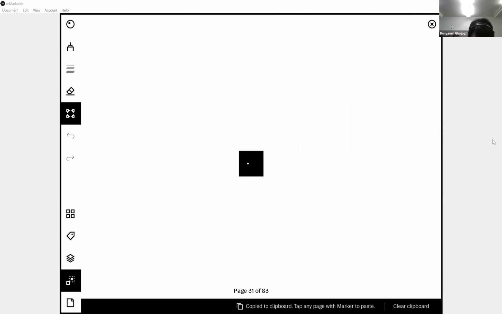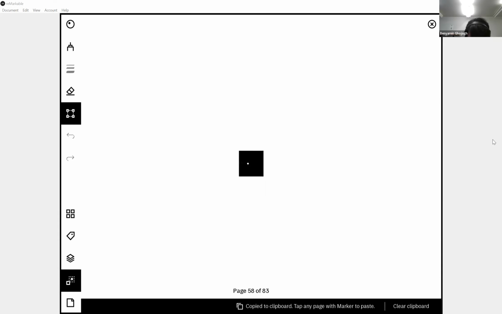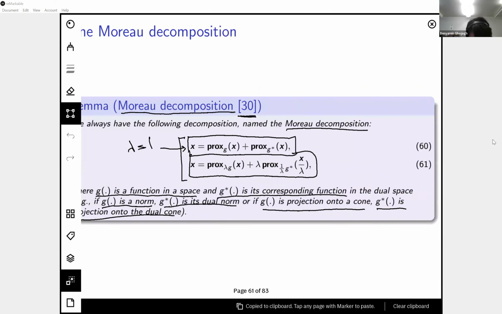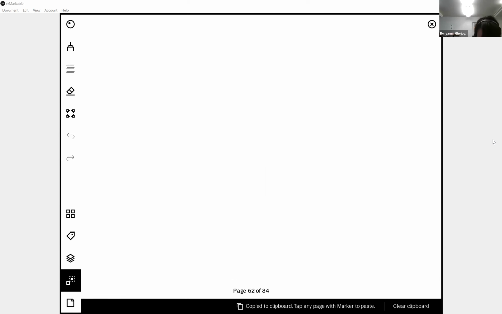Give me a second. Let me print. Sorry about that. When you understand this, you will understand a lot more about optimization. That's why I'm focusing on this concept. I think it's better for me to add a page here.